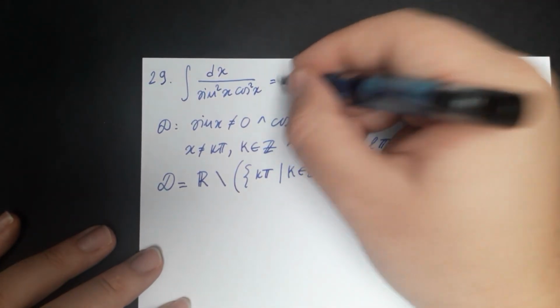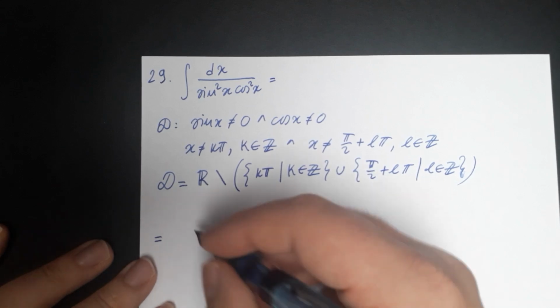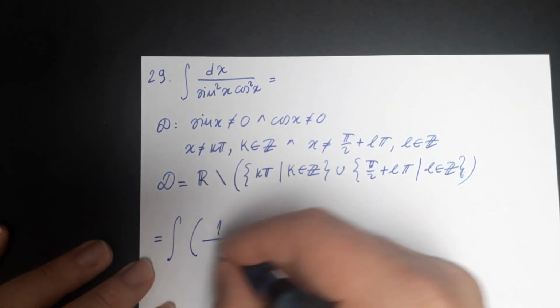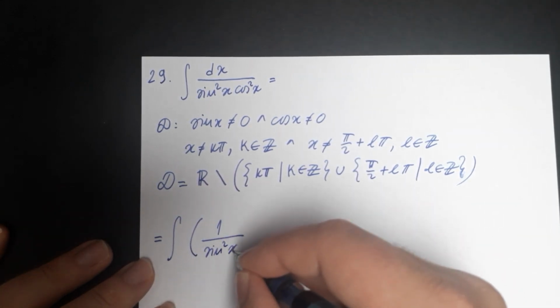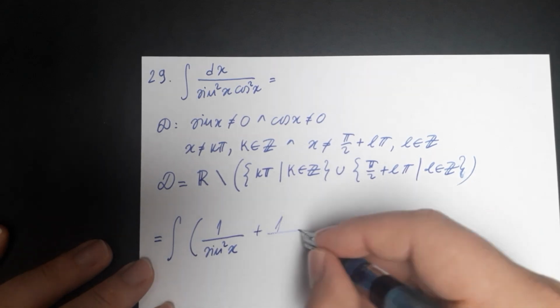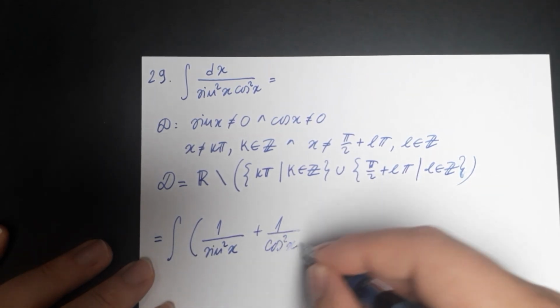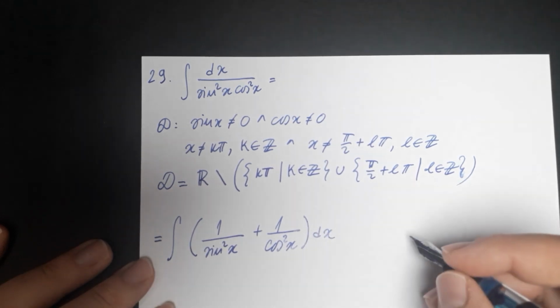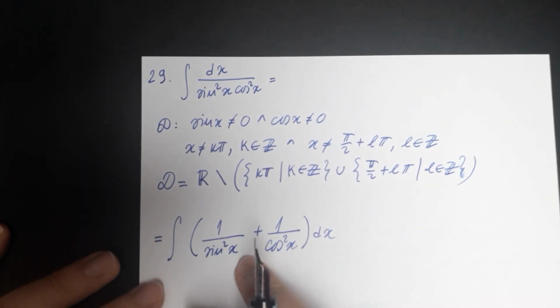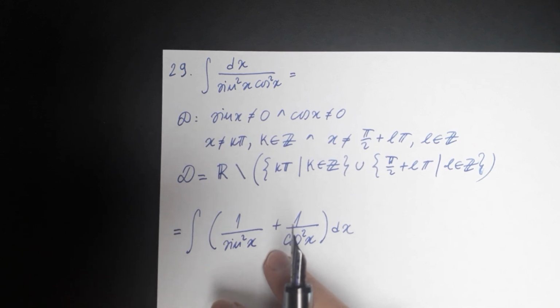So then our integral becomes an integral of 1 divided by sine squared of x plus 1 divided by cosine squared of x dx. Of course, I would have to give a little explanation for this.